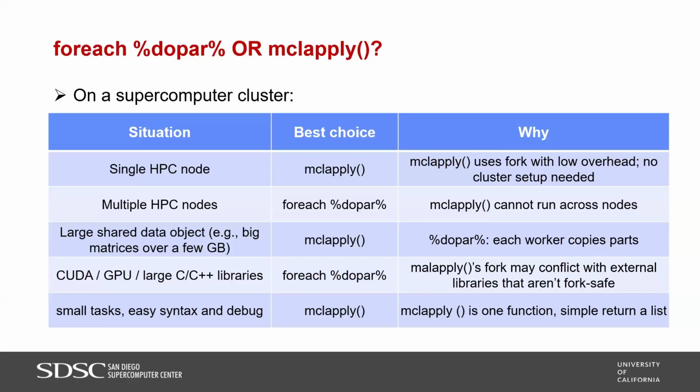But if your code has anything to do with CUDA GPU or any large C or C++ libraries, then mcapply's fork may conflict with those external libraries, so you need to choose foreach. And the last, generally speaking, if your tasks are small and easy, you should choose the mcapply functions to parallelize your code.